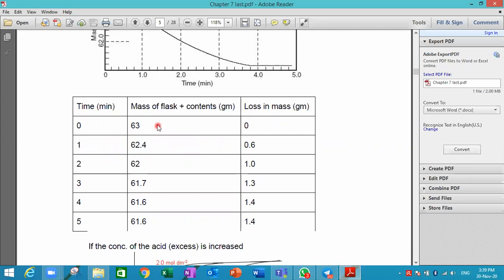With time, we will see that the mass of the flask decreases, so we can subtract: 63 minus 62.4 gives the mass of carbon dioxide that escaped. 63 minus 62, we get 1. 63 minus 61.7, we get 1.3. This is the mass of carbon dioxide that escaped, and this is the mass of the container as a whole that is decreasing with time.